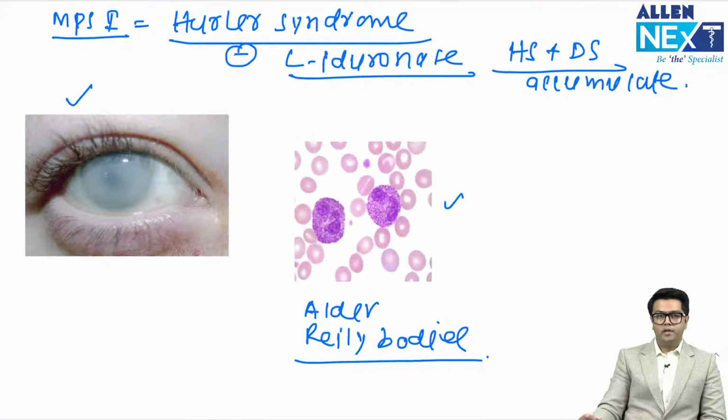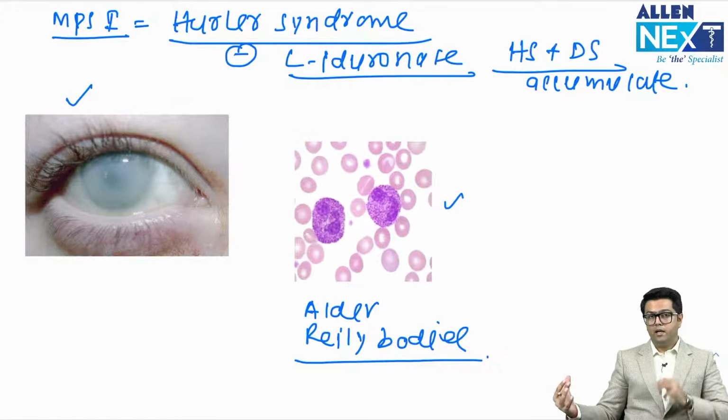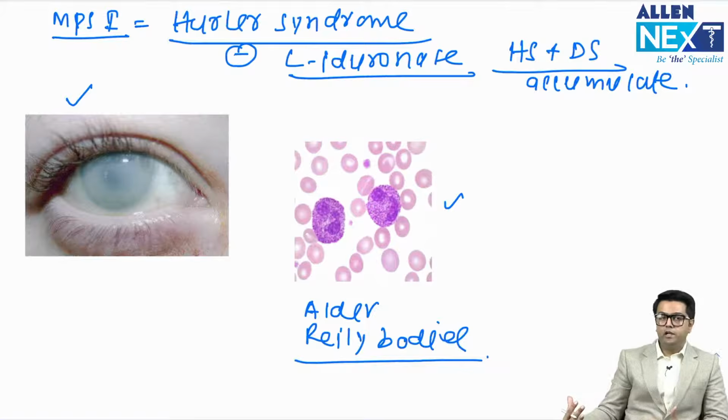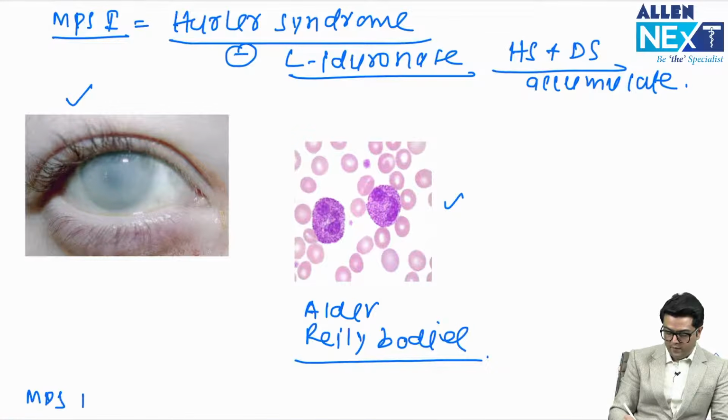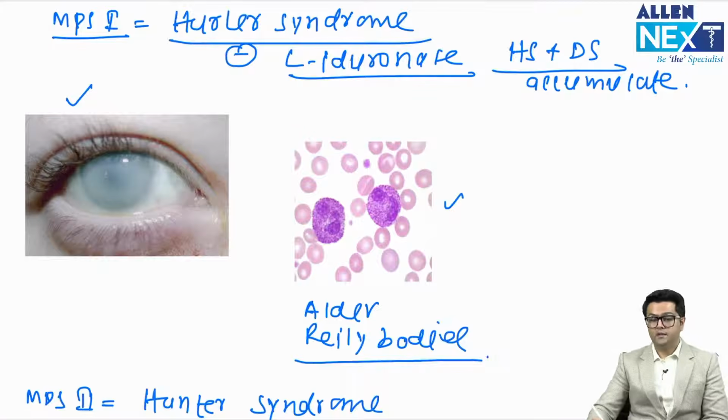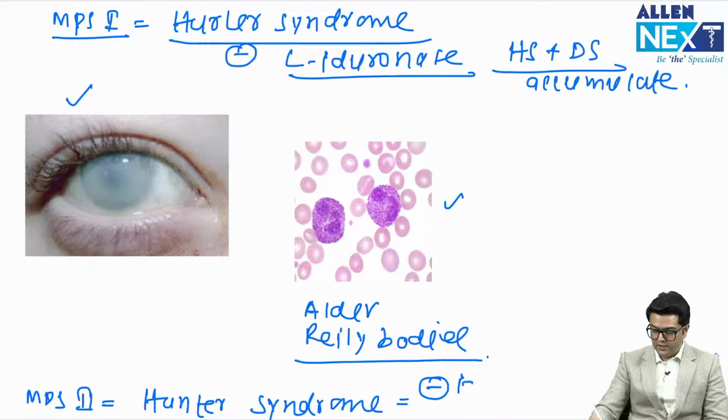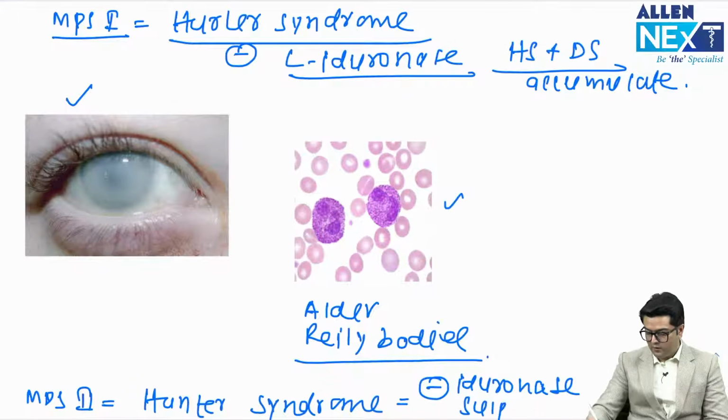Otherwise, the most important point is the name of the disease, the name of the enzyme, and the name of the component which is accumulated in the lysosomes. That is most important. Clear, guys? So MPS 1, then we have MPS 2, called Hunter syndrome. In Hunter syndrome, there is deficiency of the enzyme iduronate sulfatase.